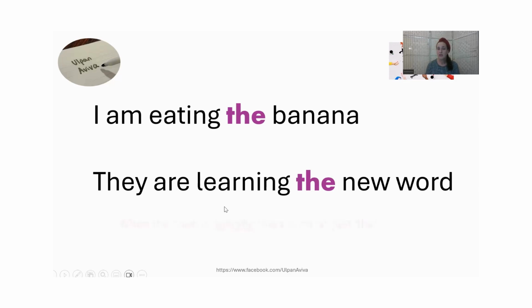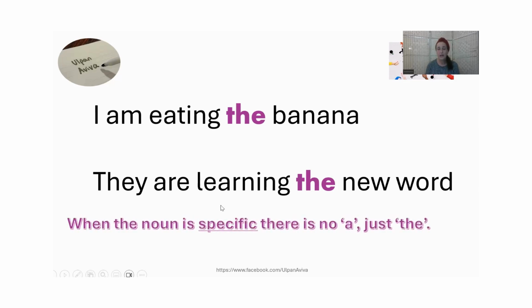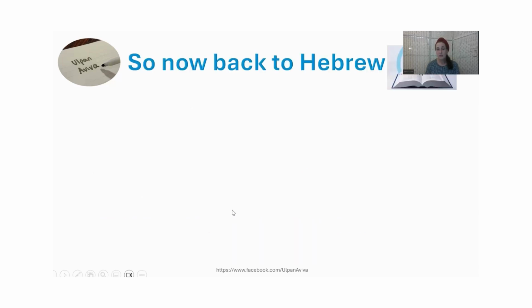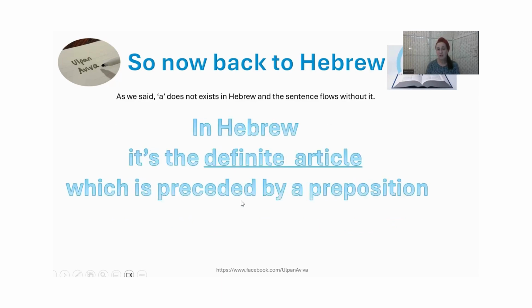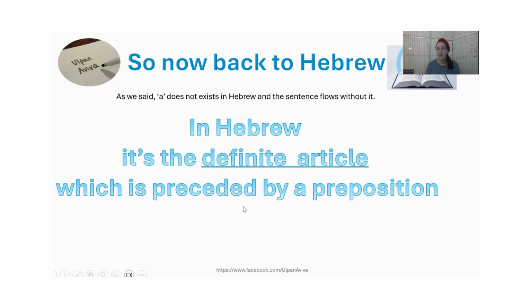Let's see the equivalent in Hebrew. There's no a in Hebrew, but there is the. Now let's go to the Hebrew and see what we learn here. In Hebrew, instead of something that comes before an indefinite noun, we have et, which comes before a definite noun. It's a preposition before the definite article.